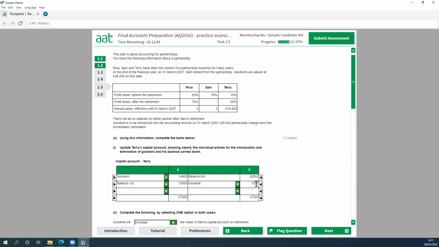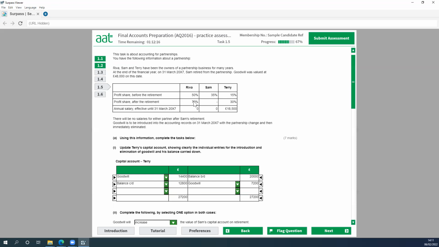So we're going to use the new ratio, so the change in ratio, because Sam was retired. So basically what we do is we credit the goodwill account for the 30% now, which is 14,400, and then we debit the capital account of Terry, 14,400. We do it with all of the partners, particularly we credit the goodwill using the new ratio.